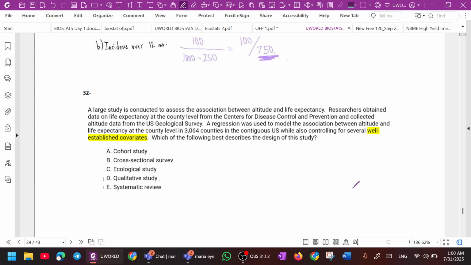A regression was used to model the association between altitude and life expectancy across 3064 counties in the contiguous US, while also controlling for several well-established covariates. Which of the following best describes the design of the study?